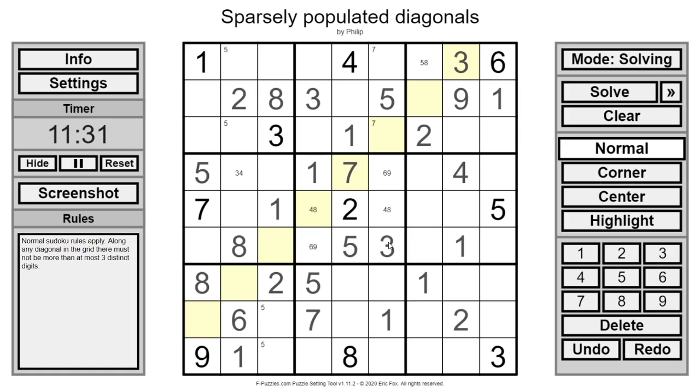I'm also looking at this row, which is missing what? A 4, 6, and 7. This can't be a 7. This can't be a 4 or a 7, so that's a 6. Now this is a 4 and that's a 7.